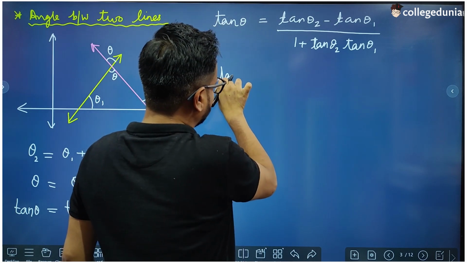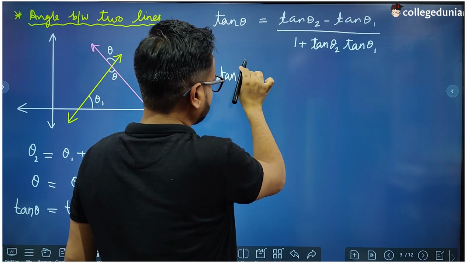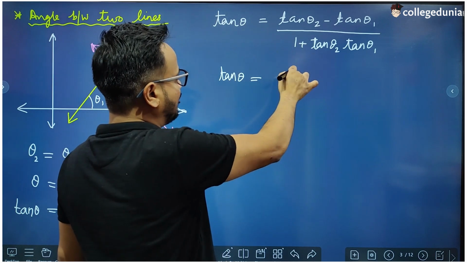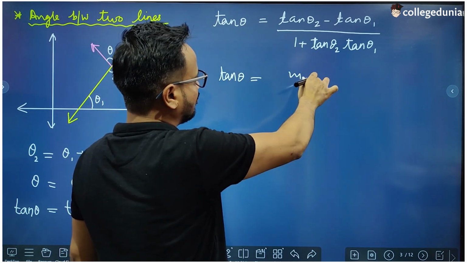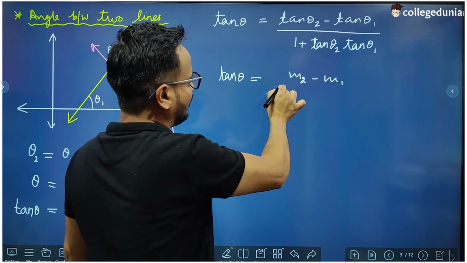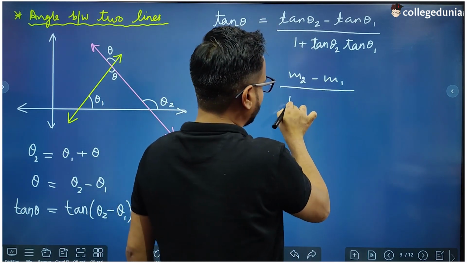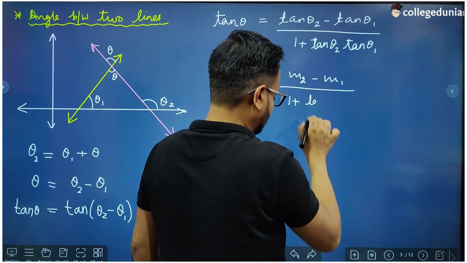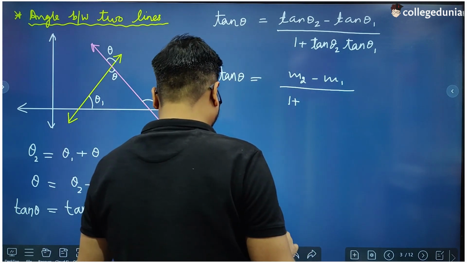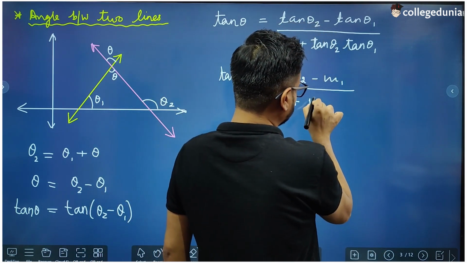So we can say that tan theta is m2 minus m1 divided by 1 plus m1 into m2.